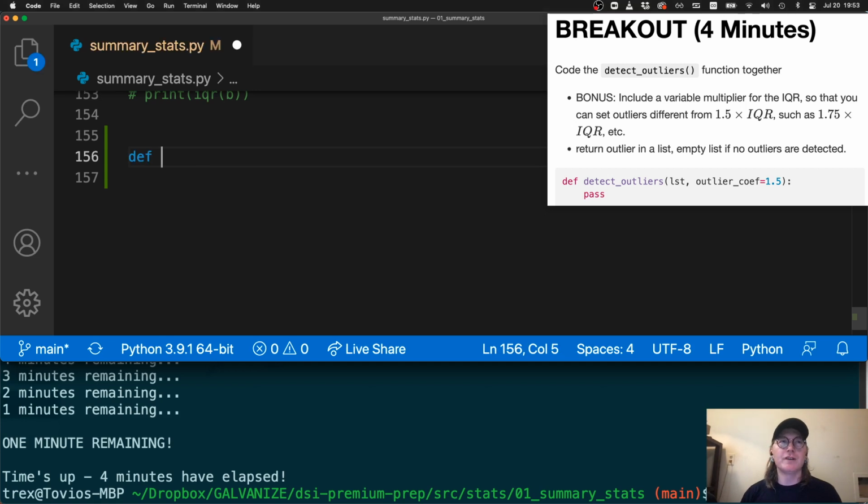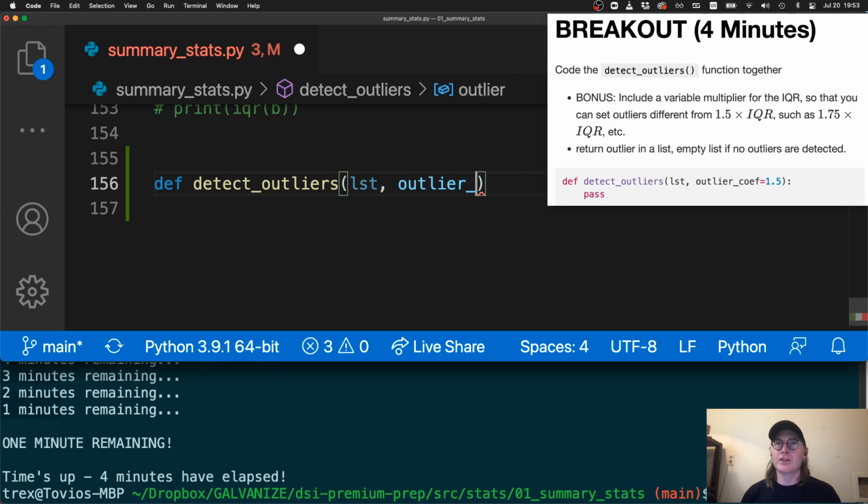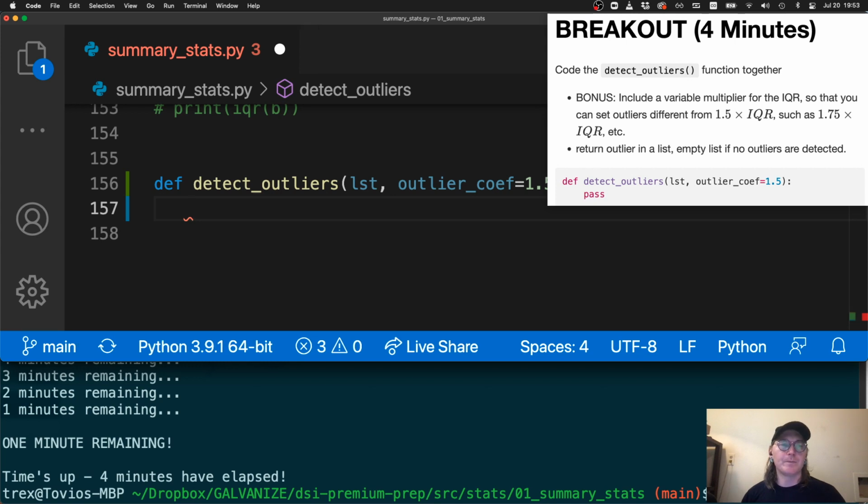So this is called detect outliers, and maybe I'll make that a little bigger. We're passing in the list, and we are setting an outlier coefficient. By default, that coefficient is going to be 1.5, which is the classic coefficient for this.